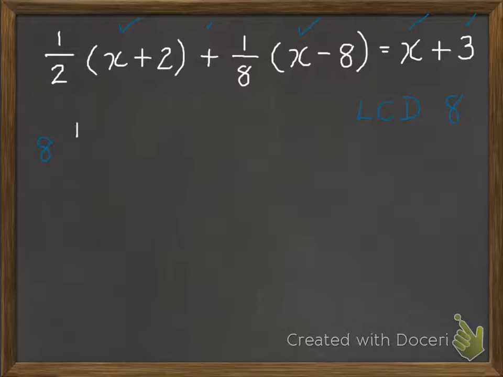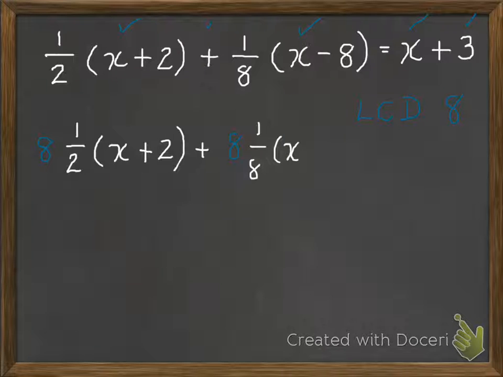So I'm going to multiply this term by 8 and this term by 8 and this term by 8 and finally the last term here by 8.